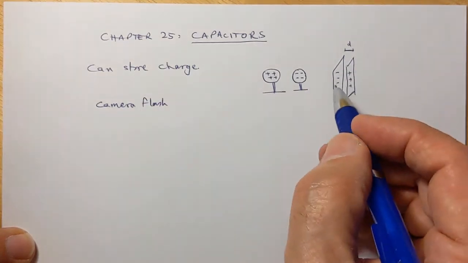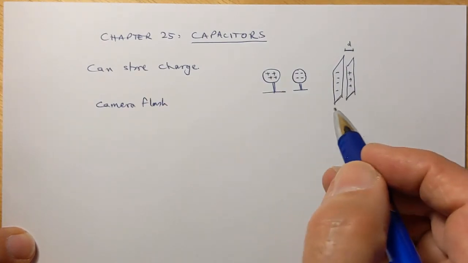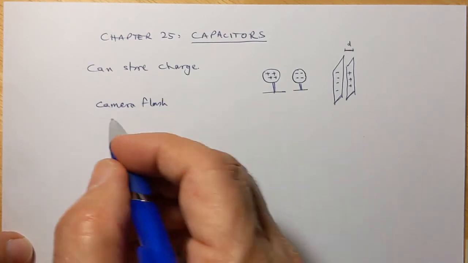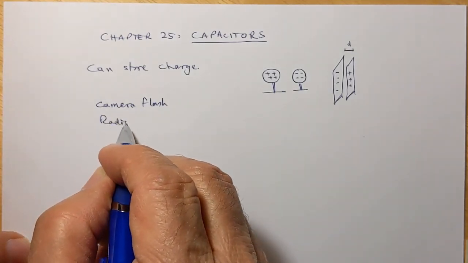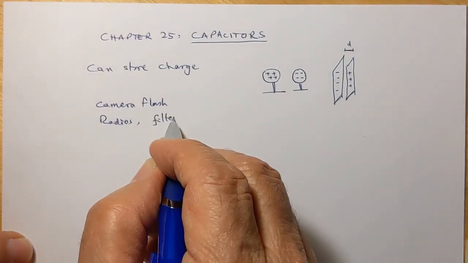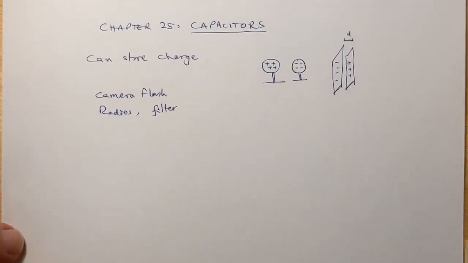The reason why we use this is because it can store charge slowly, but it can give up all the charge very, very quickly to create a flash of light. It's also used in radio sets, and in electronic filters, which are devices to separate different frequencies, and in many other electronic devices.